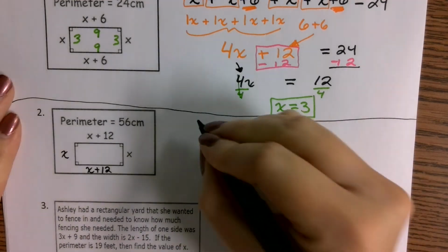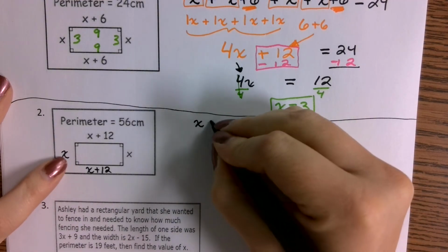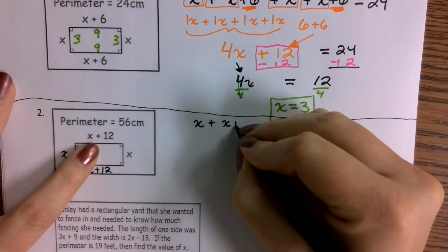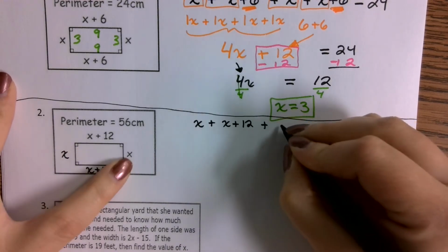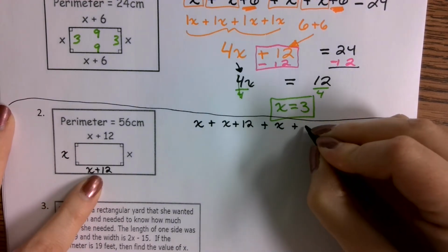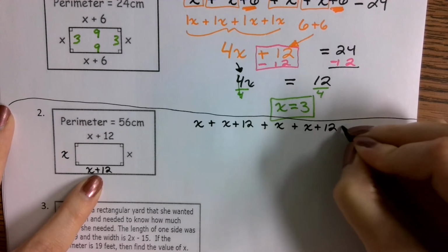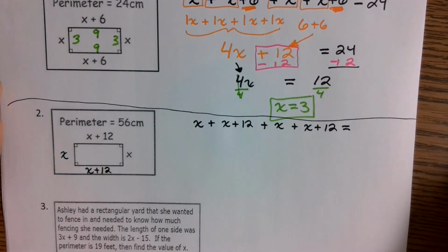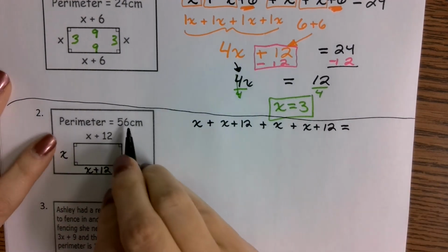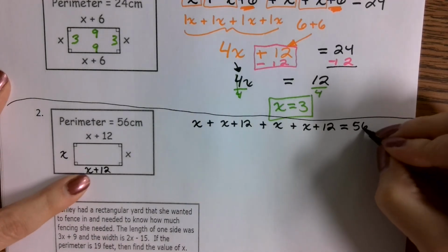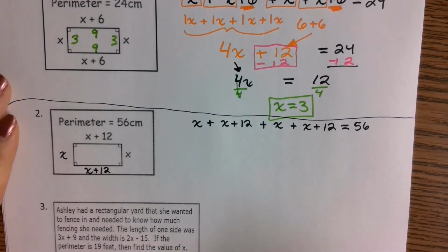So then I can write my equation again. I've got x plus x plus 12 plus x plus the x plus 12. And that's all set equal to what? What's the perimeter in this case? 56. So we set it equal to 56. And then we just combine our like terms.